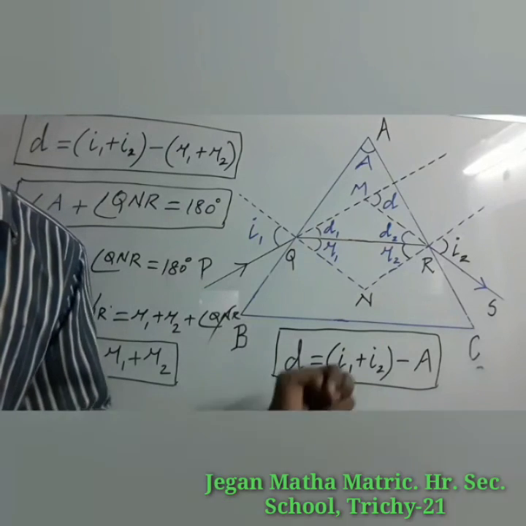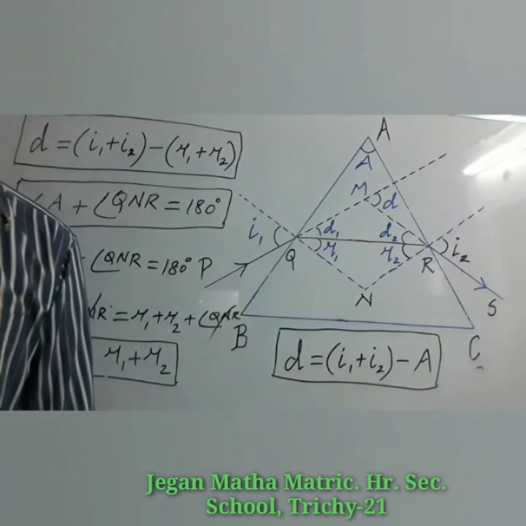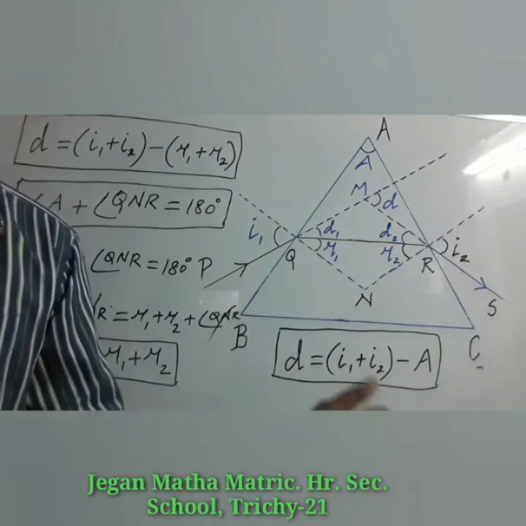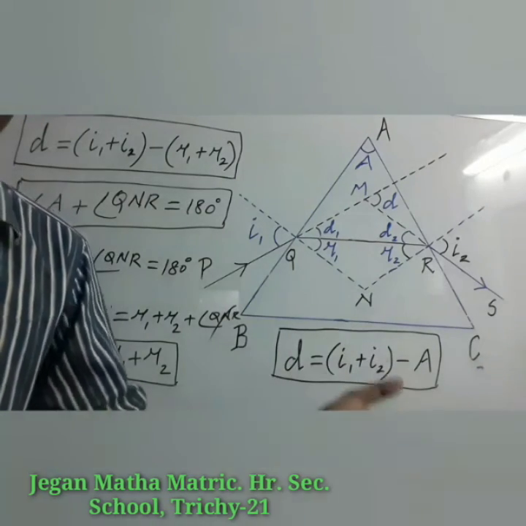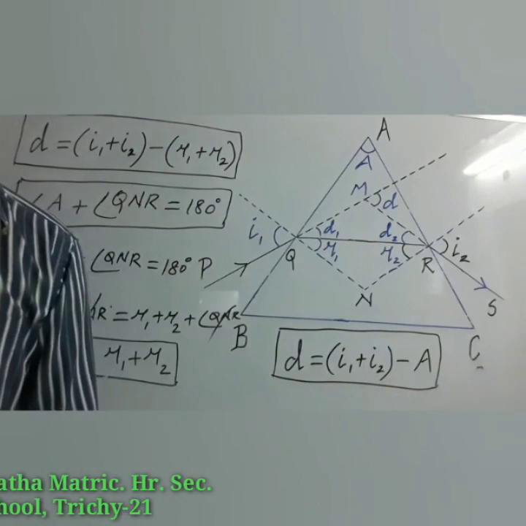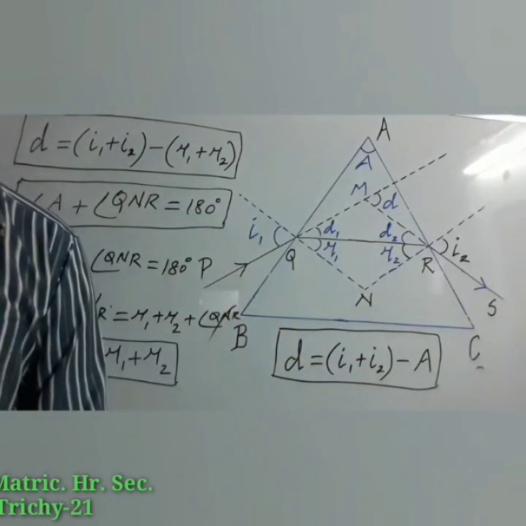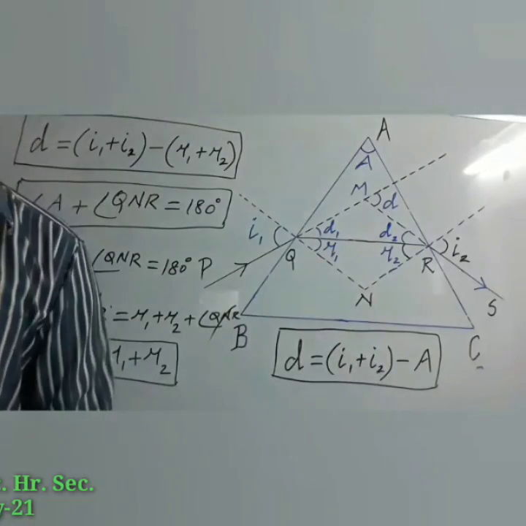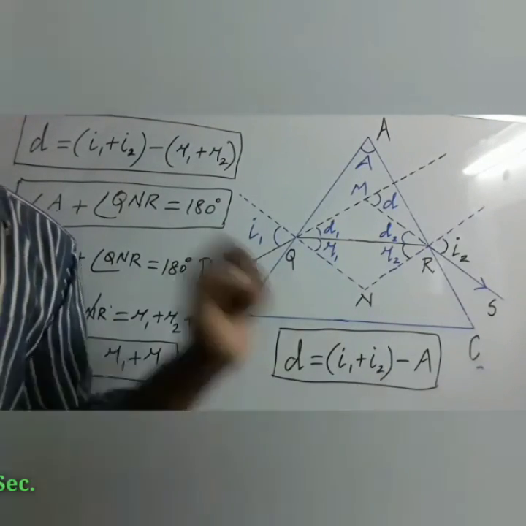Hence, the angle of deviation for monochromatic light depends on the angle of incidence, the angle of prism and the refractive index of the material of the prism, because that refractive index of the material only decides the angle of emergence.